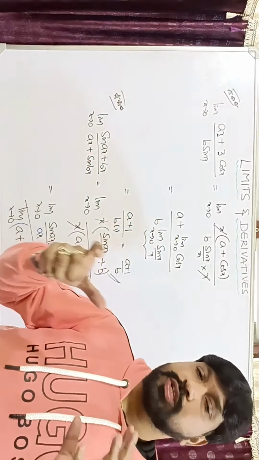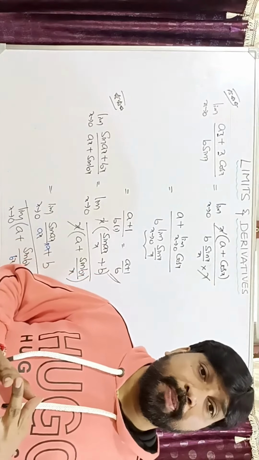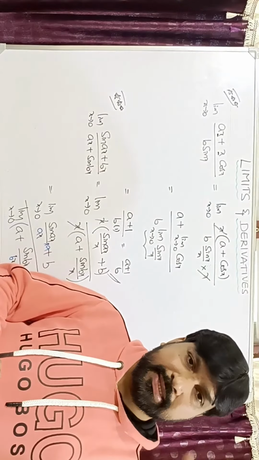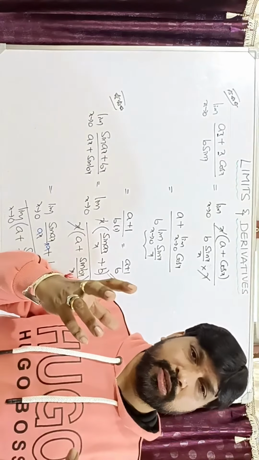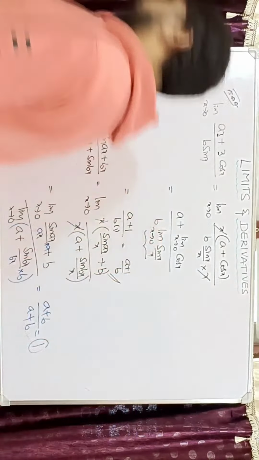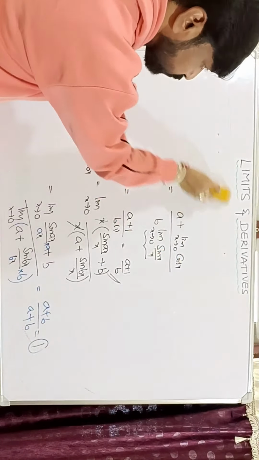Then the next concept is existence of limit. That is the most important topic and the most confusing topic. Most of the people struggle while solving sums on existence of limit. What is this concept? In the easiest way, I'll try to explain. Let us see carefully. I want to explain using a flow chart.